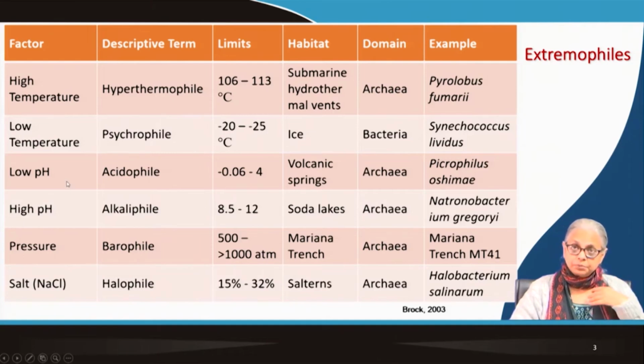And high pH, which means base, they are thriving in a high pH environment. So it's an alkalophile or an alkaliphile, 8.5 to 12 pH. Soda lakes are examples of where you might find these bacteria, and these are again archaeobacteria.